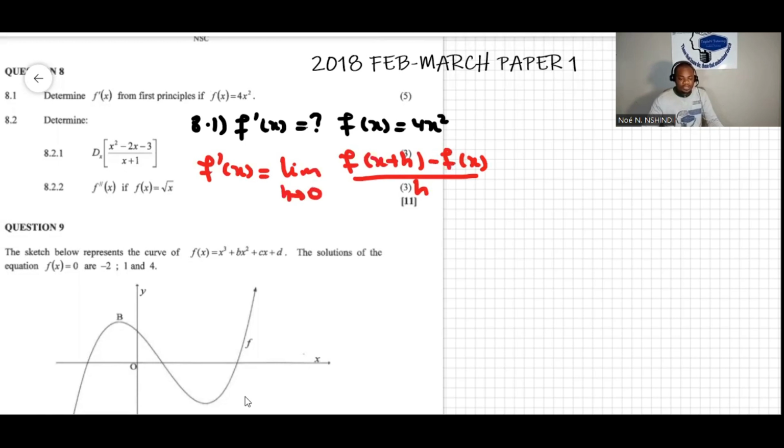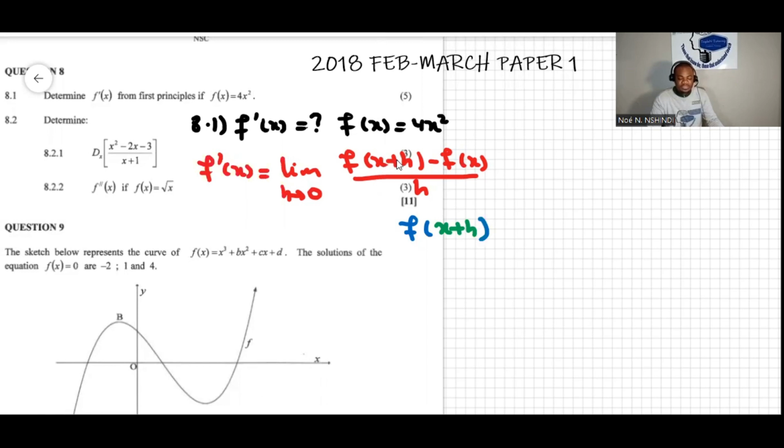Now, over here, I'm going to write f of x, and f of x plus h. Let's first work out f of x plus h, and then we're going to subtract that from f of x, and then divide by h, and then work out the limits of all this.